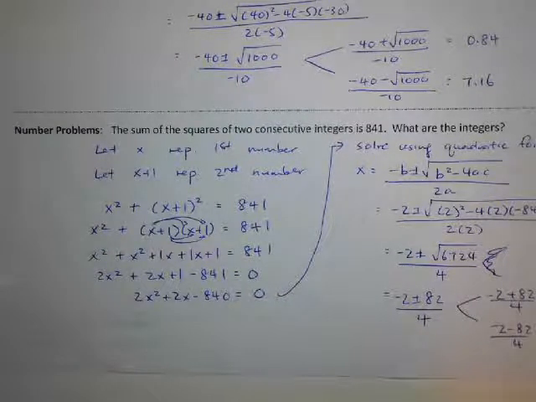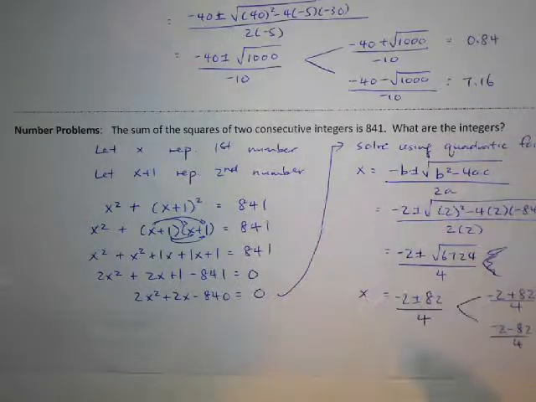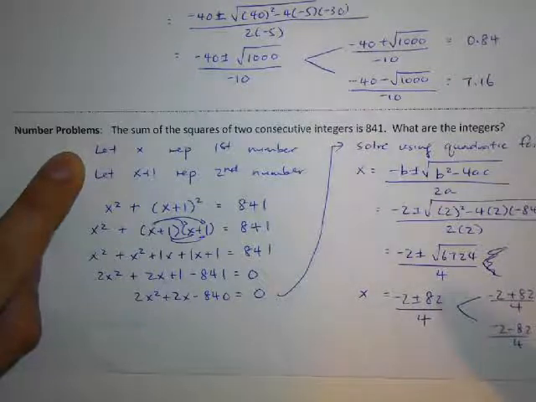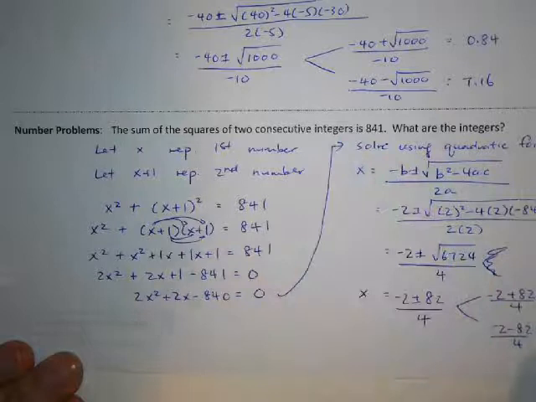But wait a minute, they're not consecutive. What we found here was x. And x is the first number, so we actually get two first numbers. So you have two sets of consecutive integers.